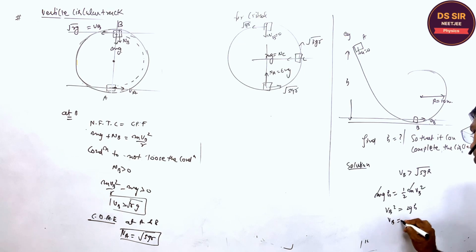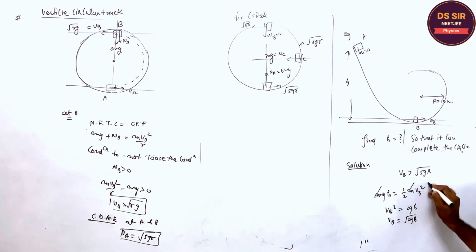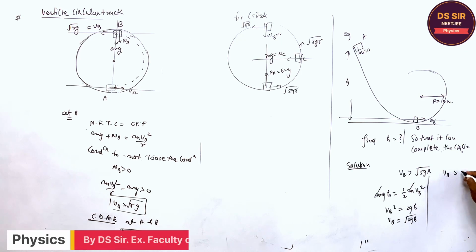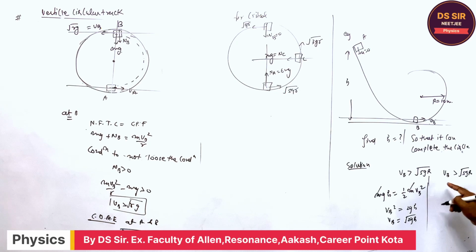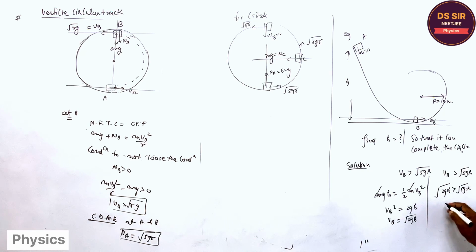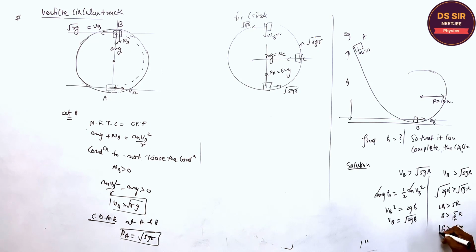Condition to complete the circle is VB should be greater than root 5 gr. Therefore, root 2 gh should be greater than root 5 gr. So 2h should be greater than 5r. The h should be greater than 5 by 2 r. Whatever the value of r is given, you can do. H should be greater than 25 meter. Is it okay or not?